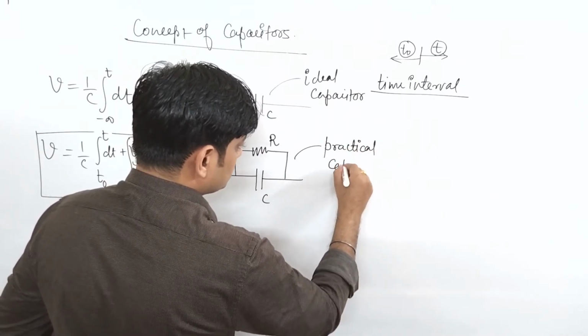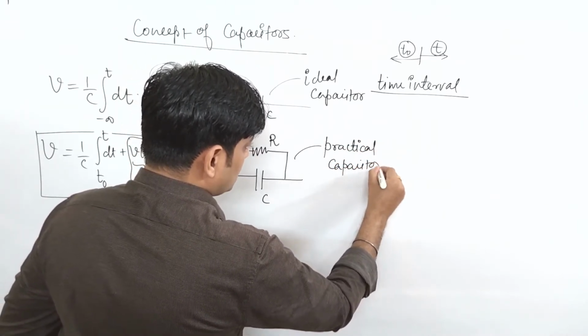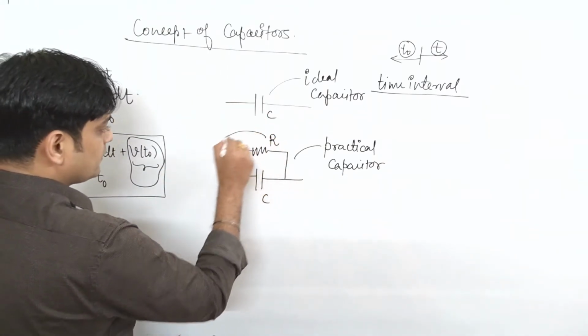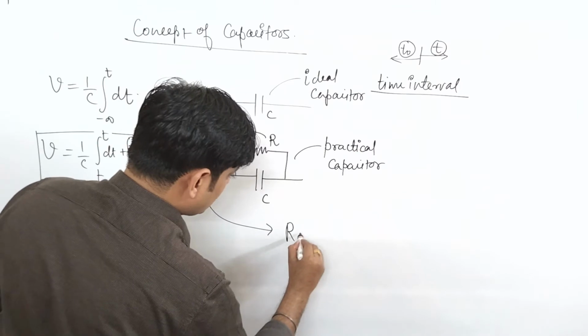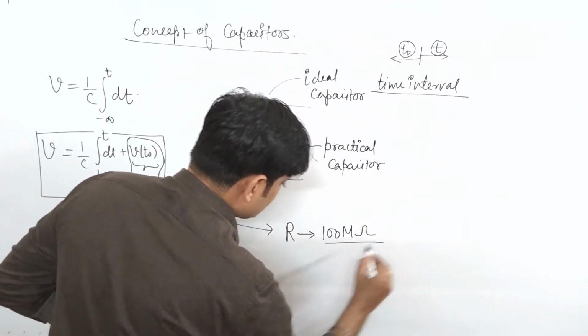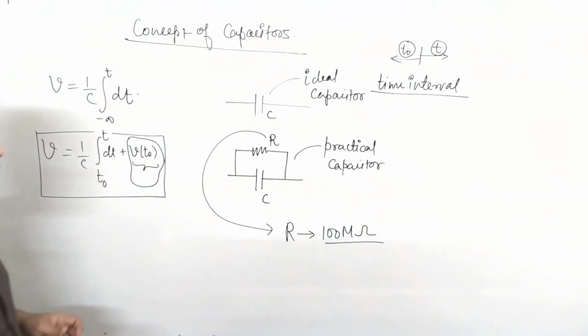In case of an ideal capacitor, this value R is in the order of hundreds of mega ohm.